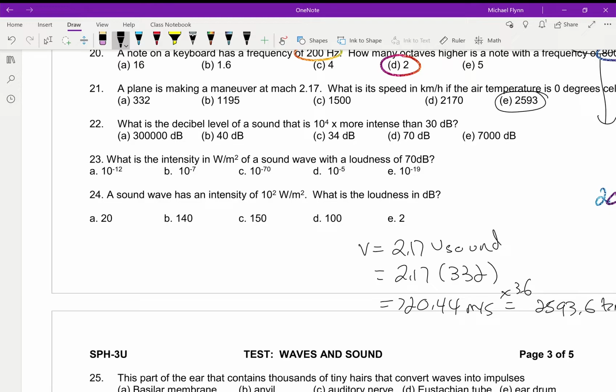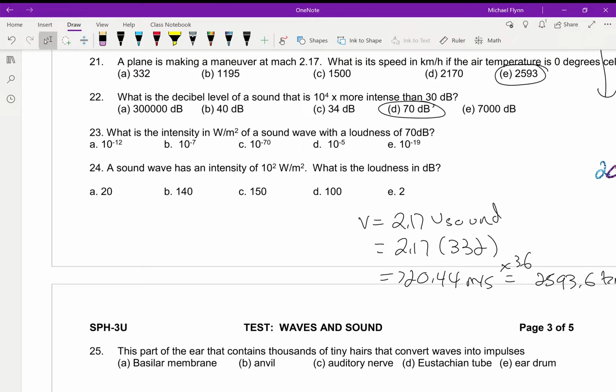Okay, the decibel level of a sound that is 4 powers of 10 more than 30 decibels. Well, every 10 times more is 10 more decibels. So I'm going to have to add 40 decibels to that. So 30 plus 40 is 70 decibels. If you have a loudness of 70 decibels, what's the intensity of the sound?